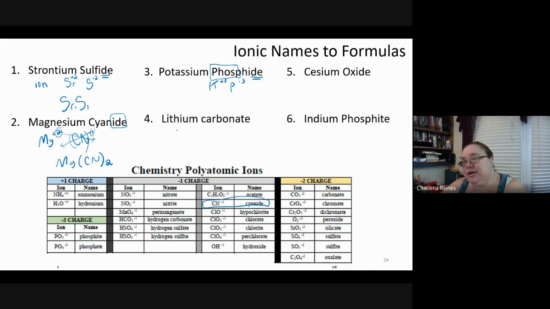Phosphorus is a -3. They can't reduce, so I swap and drop. My formula would be K3P, or if you really, really wanted to, K3P1. So pause the video. You try the next 3 using your real periodic table and your real polyatomic ions.